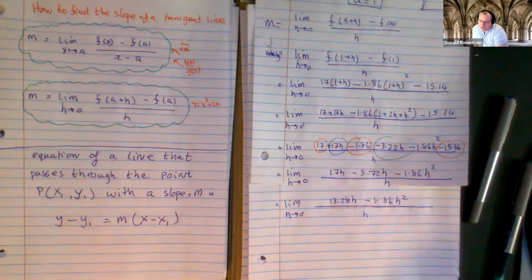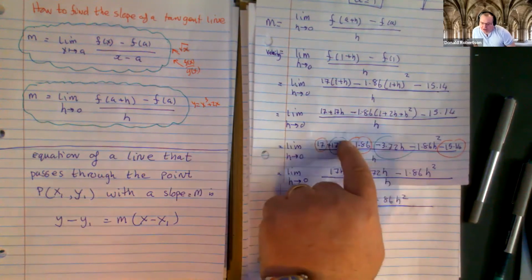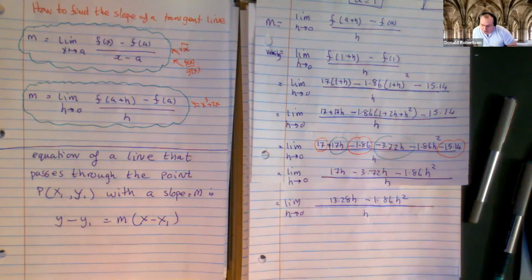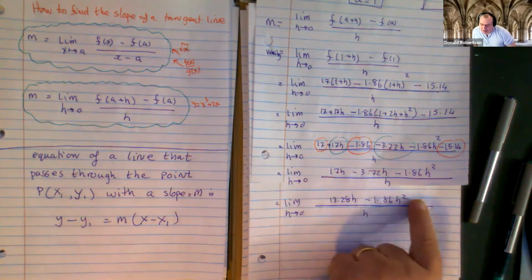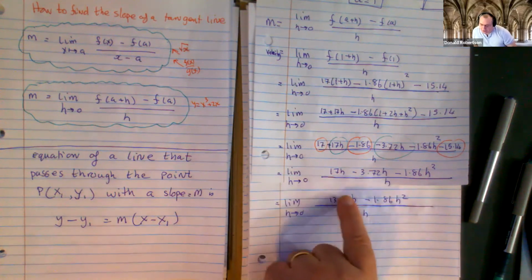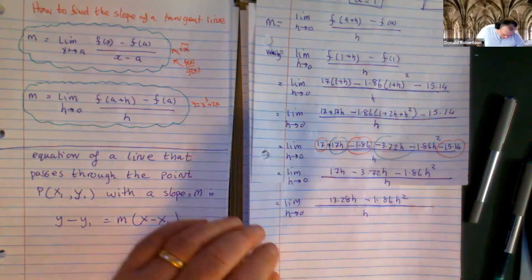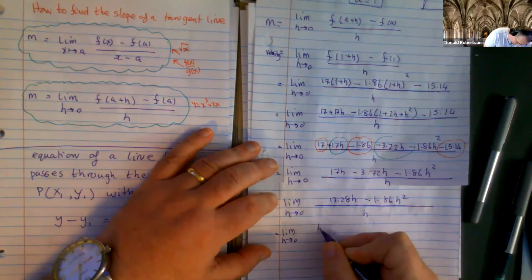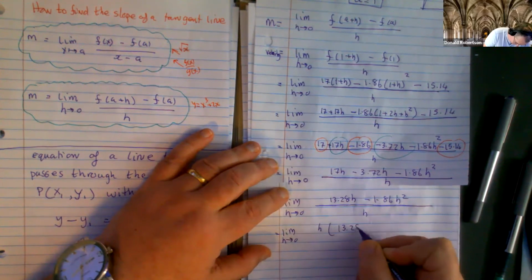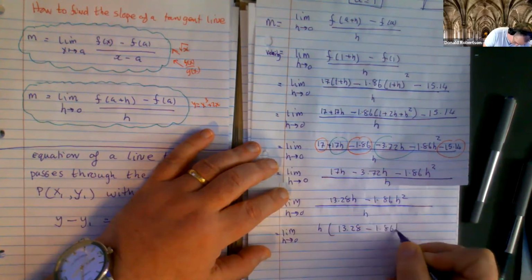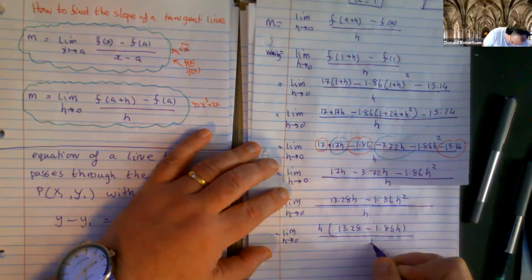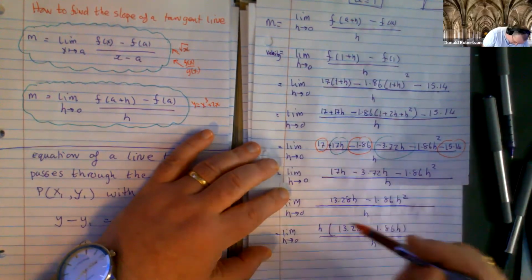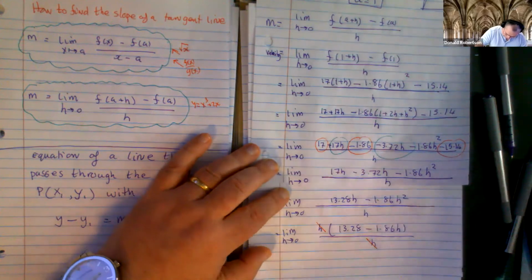Are we comfortable with where we got to right now? Now, when you do polynomials, not only do the numbers always cancel out, as they do here, but you also will end up with a line that looks very like this. All the terms have h's in them. And so you can now pull out h as a common factor, which means you can cancel the h's.